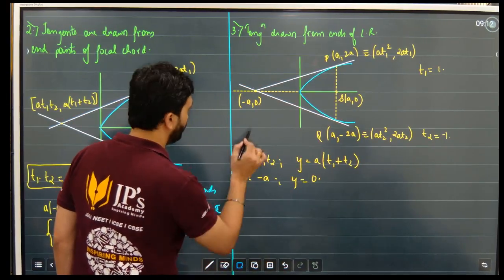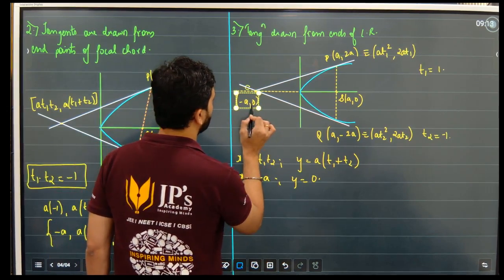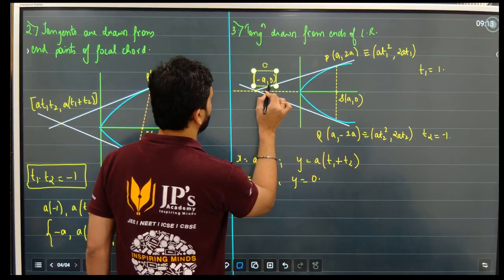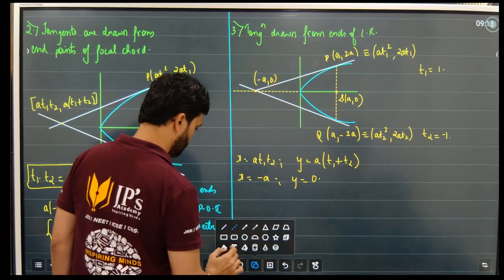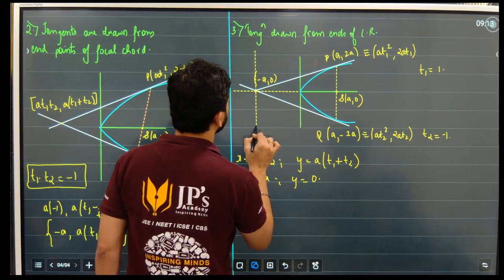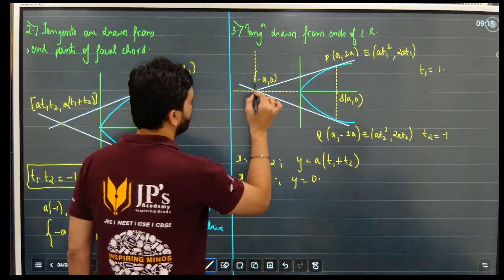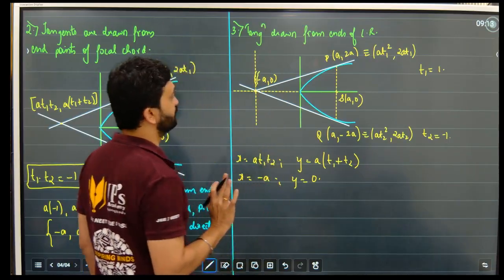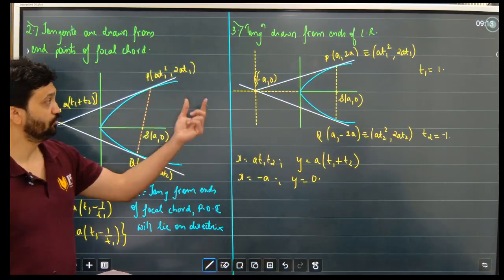So I'll take this point a little further, call it minus a comma 0, and it will lie from here. It will lie exactly on the directrix. Foot of the directrix. So I know that.